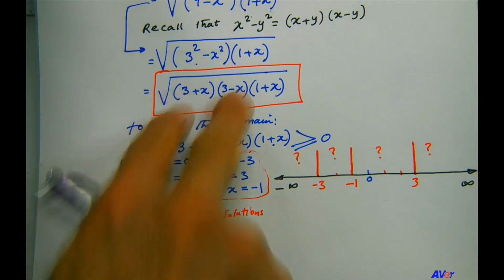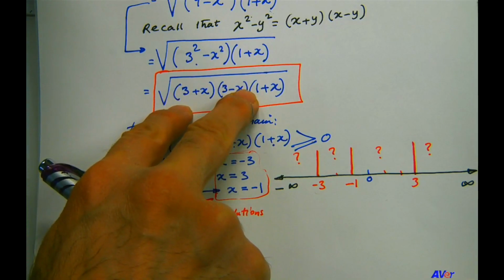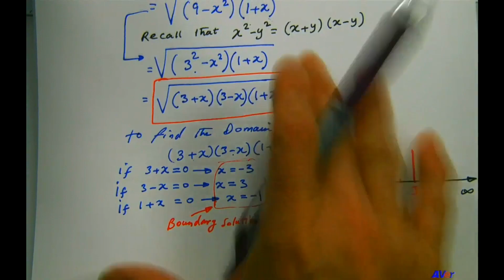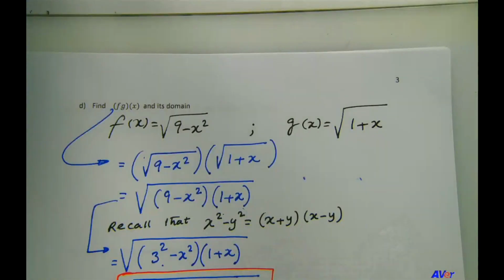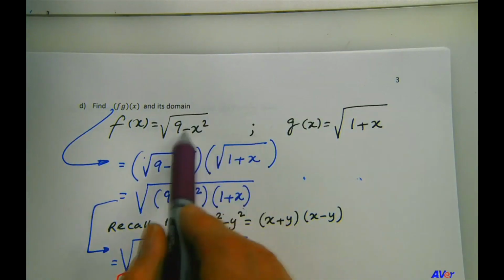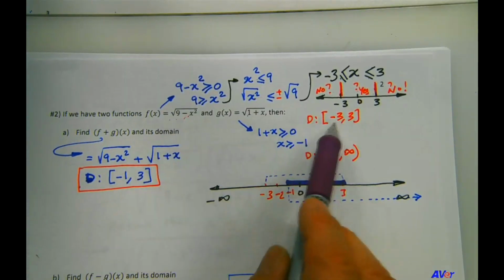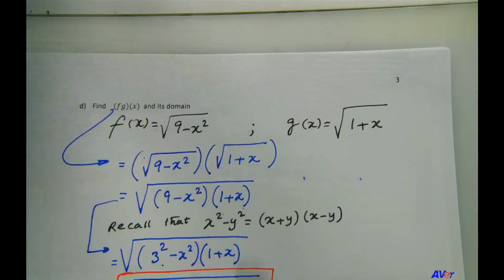We're going to have to compare that with the domains of the original functions, right? The domains of the original functions, remember we calculated those on the previous page. For this function, the domain was bracket -3, 3.